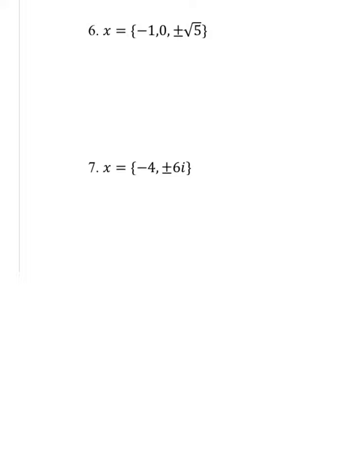So I do 8 times −15 is −120. Two numbers that multiply to be −120 but add to be −14 are going to be −20 and a positive 6. So now I have 8x² − 20x + 6x − 15.